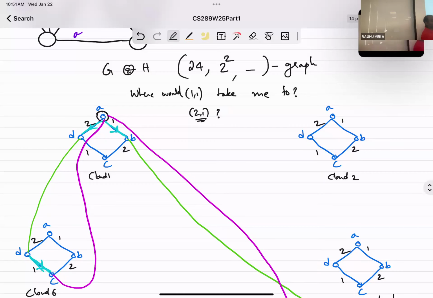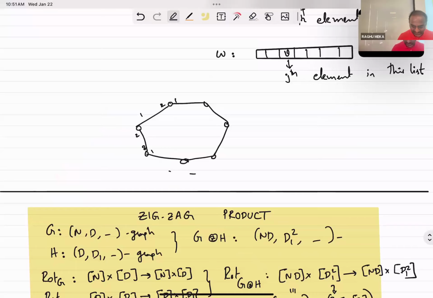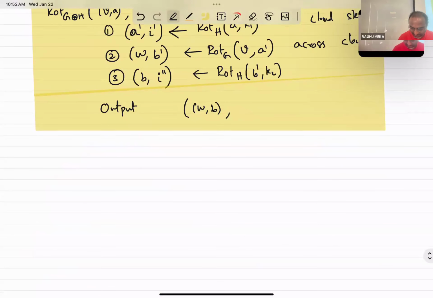What's the label? I need to reverse this completely, right? So (2, 1) got me here, (1, 2) will get me back. So that's a small change. I take (k1, k2) from here, but that's basically (k2, k1). I need to reverse the steps from the other vertex. So that's why we look at rotation maps instead of consistent labelings, which is (k2, k1).